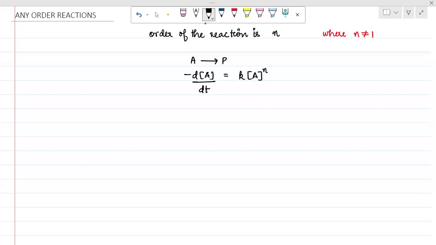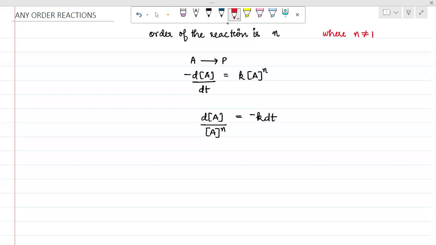Now I'll bring the A terms to one side and dt to the other, and the minus sign to the other side. So it becomes minus dA by concentration of A to the power n is equal to k dt. Taking the minus also to the other side, dA by A to the power n is equal to minus k dt.